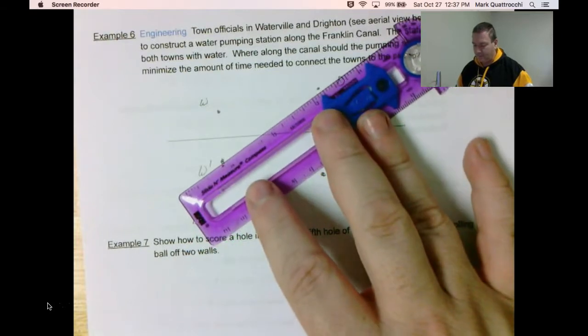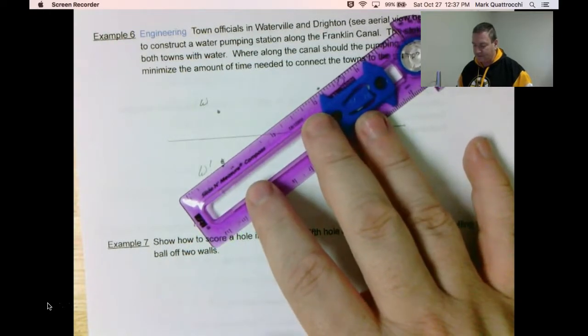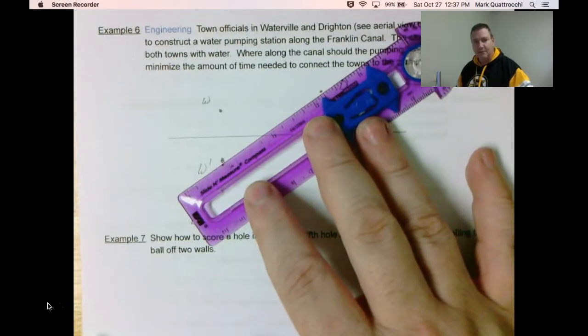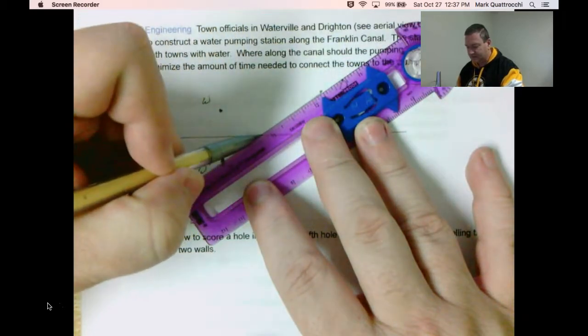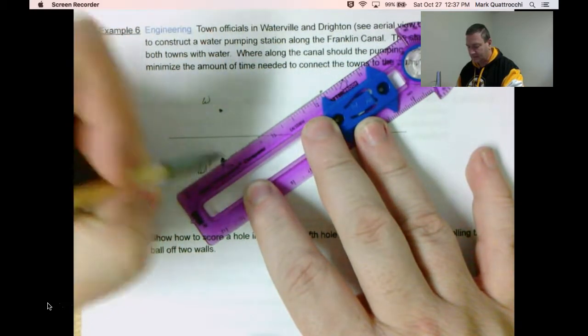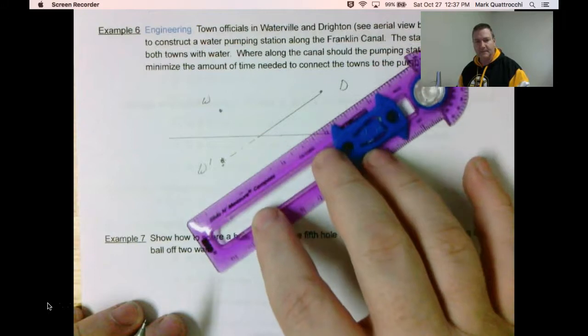Now, we said the shortest distance between 2 points is a straight line. So if I connect W prime to D, shortest distance is that connection.